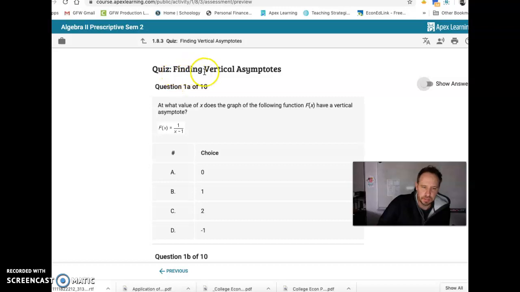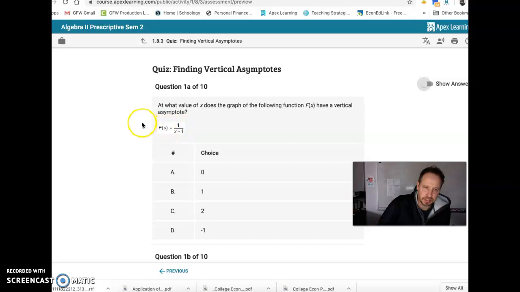This quiz is about finding vertical asymptotes, and the easy thing to understand with these is a function will have a vertical asymptote when its denominator is equal to 0.